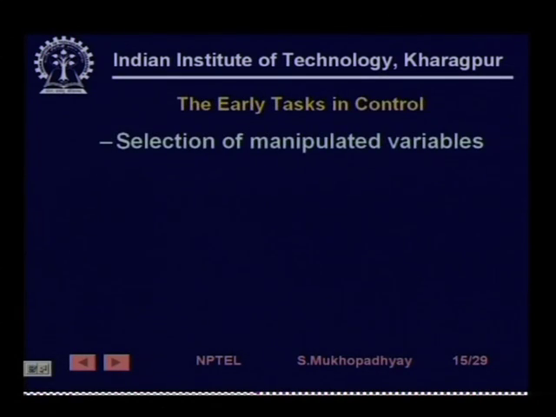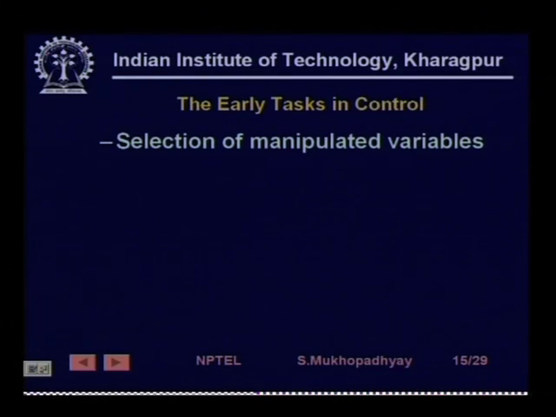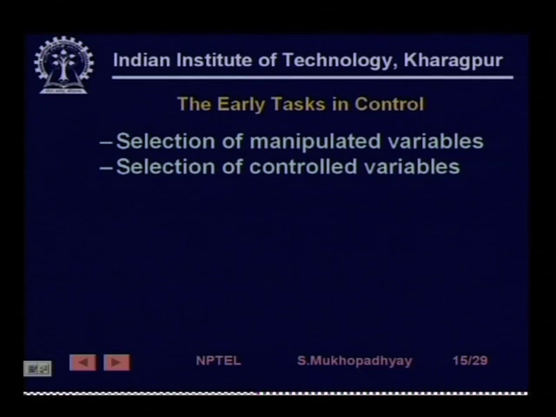I wanted to start with the early tasks in control, because these are the parts that we generally never pay attention to in an undergraduate control course. Neither have I paid attention to them here, but at least let me mention that these are very important tasks. First of all, selection of manipulated variables, which variables are to be manipulated, and selection of controlled variables, which variables are to be controlled.